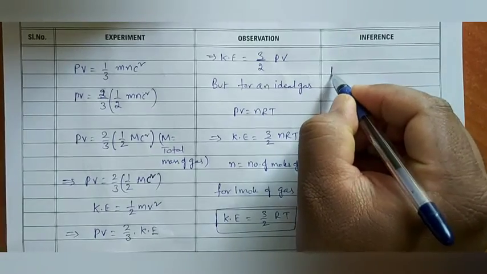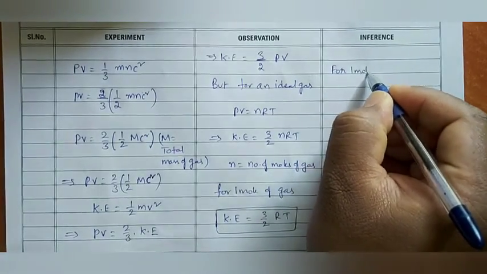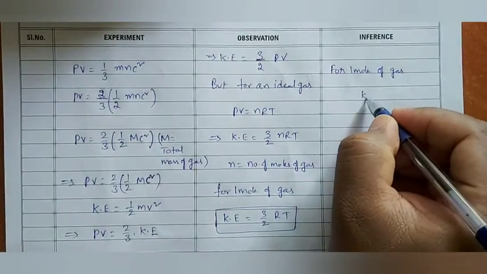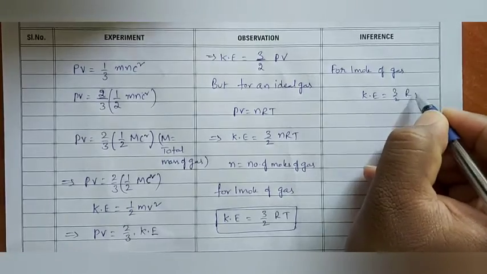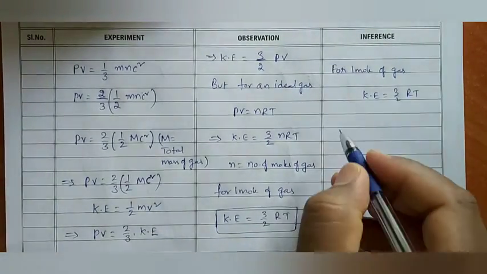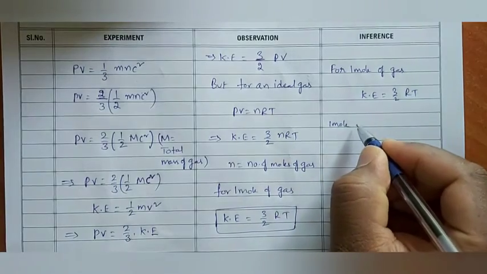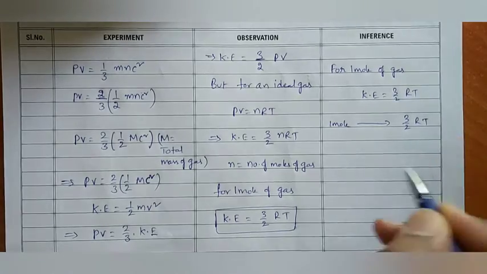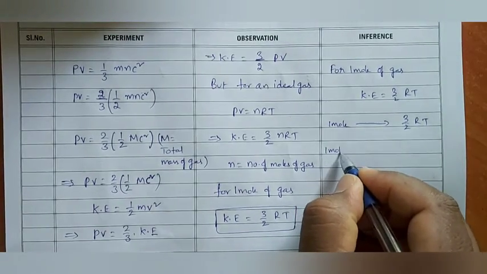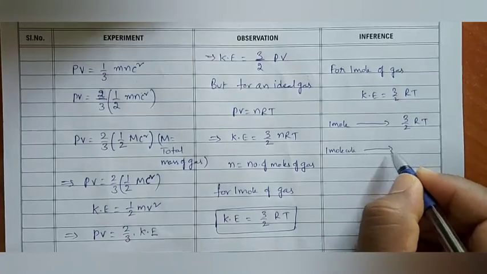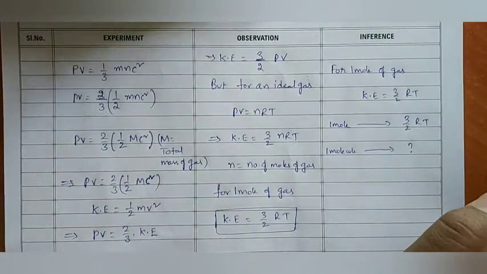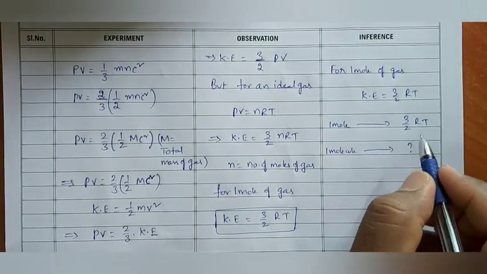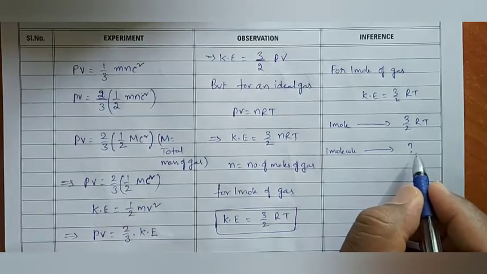Now for 1 mole of gas, kinetic energy is equal to 3/2 RT. 1 mole of gas has kinetic energy 3/2 RT. 1 molecule has how much kinetic energy? 1 mole has 3/2 RT. 1 molecule has how much kinetic energy?